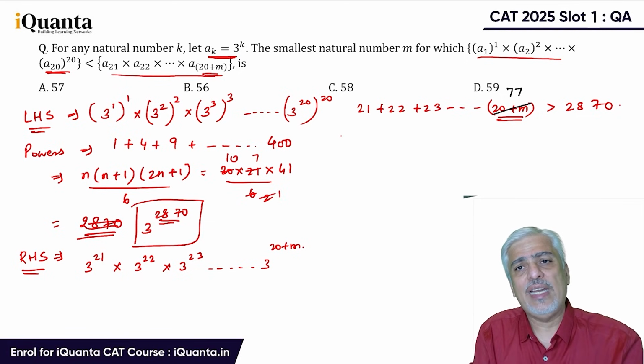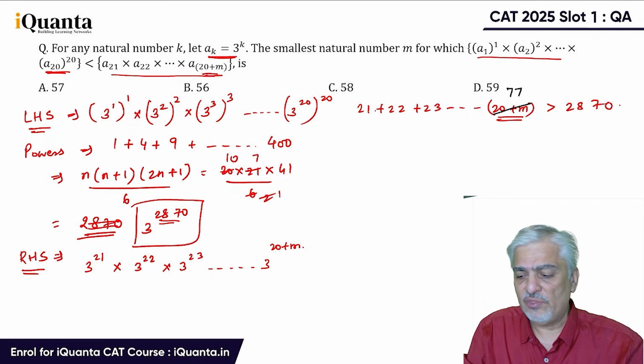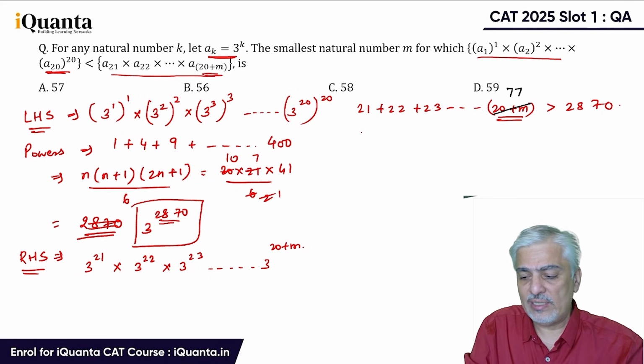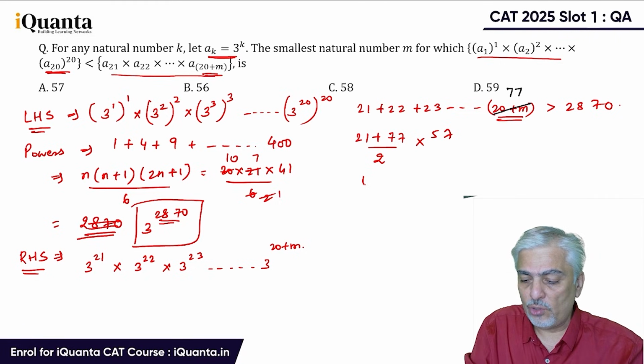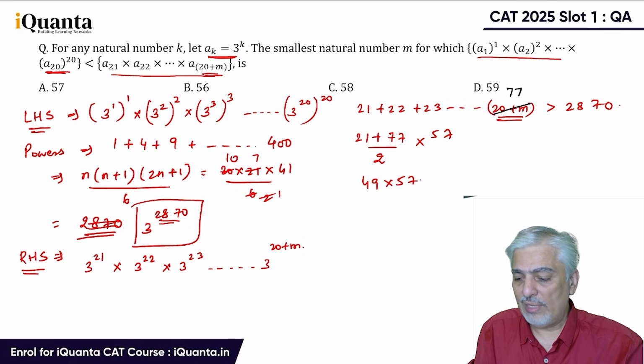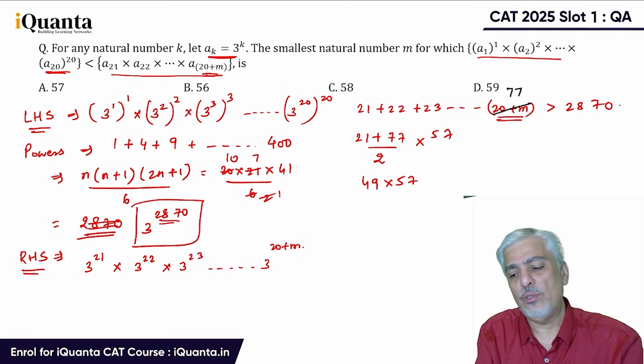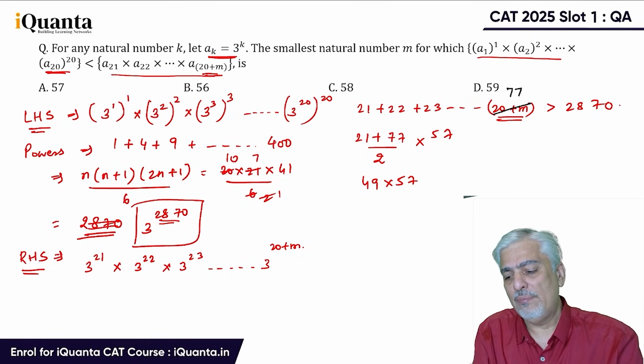Simple. When I have the first and the last term, the Sn formula is very simple. I'll take first term plus last term upon 2 into n. We just said n was 57 terms. So this will be 98, 98 divided by 2 will be 49. 49 into 57. We can multiply 49 into 57, or we can do 57 into 50 minus 57.